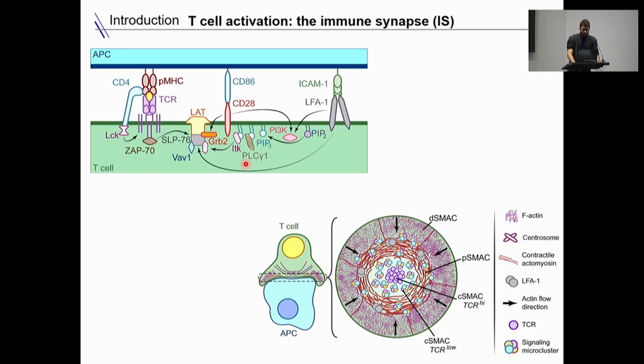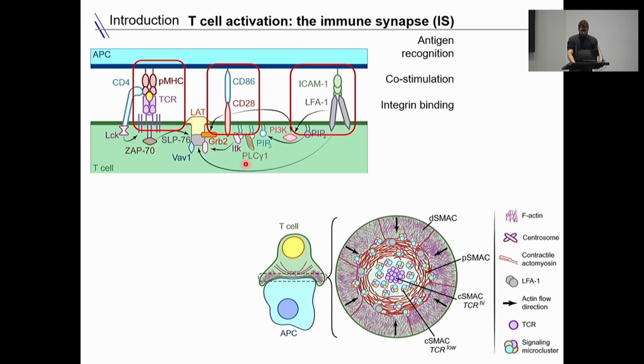For full T-cell activation, the classical three signals are required. The first one is the antigen presentation, the interaction between the TCR and the peptide loaded into the MHC of the antigen-presenting cell. The second one is the co-stimulation, and the third one is the integrin binding.